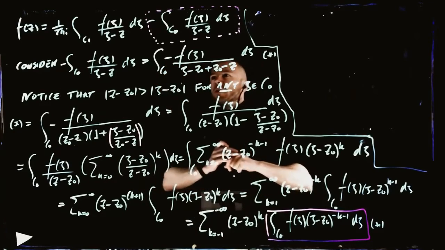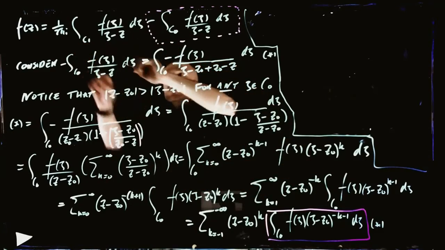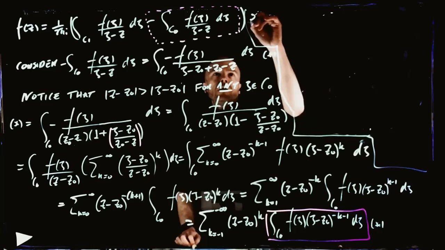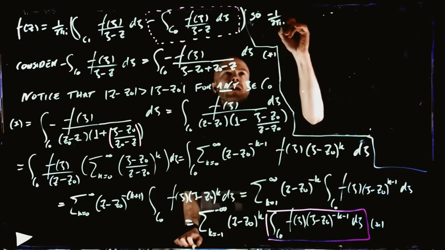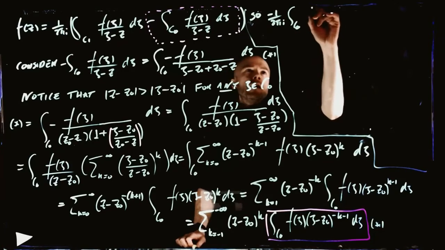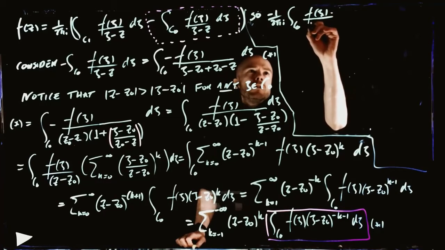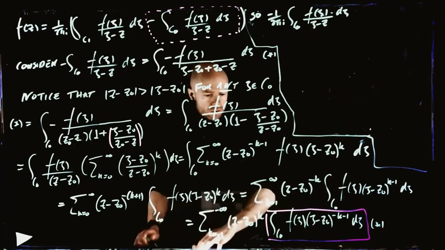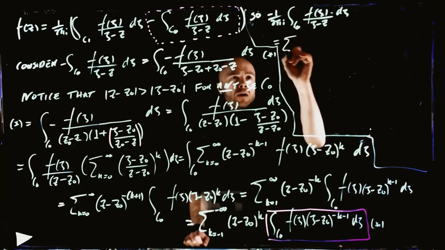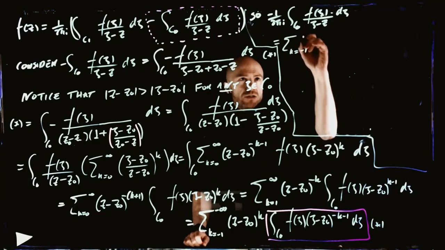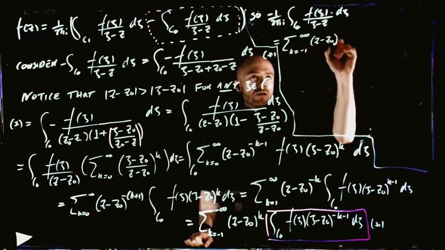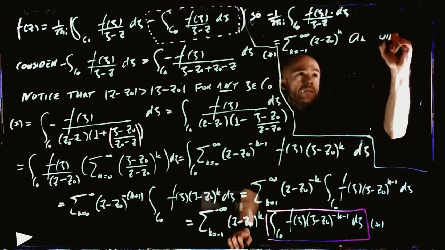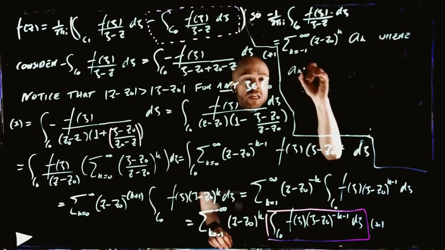Recall that we are supposed to divide everything by 1 over 2 pi i, right? So when we consider minus 1 over 2 pi i of this little circle S0 of this thing, then this expansion we have here means that this is the sum from k equal to minus 1 to infinity of z minus z0 to the k, and then a_k, where a_k is the same expression that we had before.